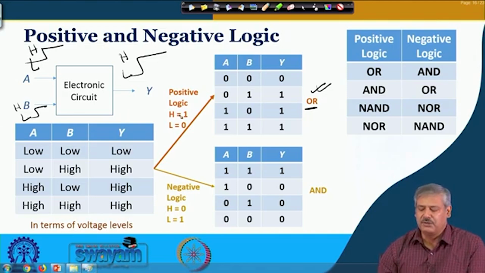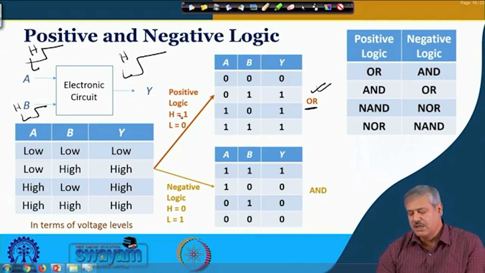But we need to take note of negative logic, and we may use it if such an occasion arises. So, in negative logic what happens? It is just the opposite. A high voltage is treated as binary value 0 or logic false, and a low voltage is treated as binary value 1 or true.